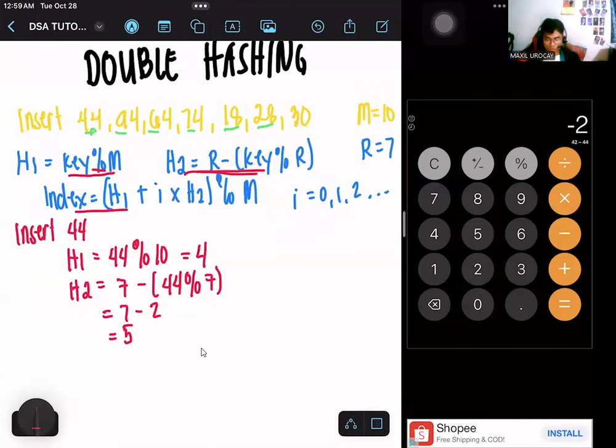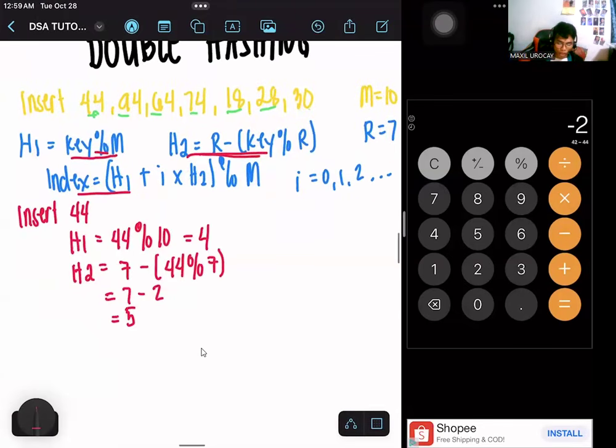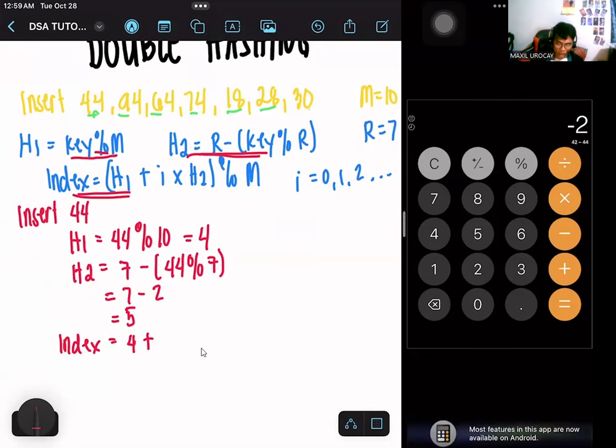Now you will get the index using the index formula, which is the hash 1, which is 4, plus i times the hash 2. i begins from 0 up to n. Since i is 0 right now, times the hash 2, which is 5, this is 4 plus 0, and that is still 4.